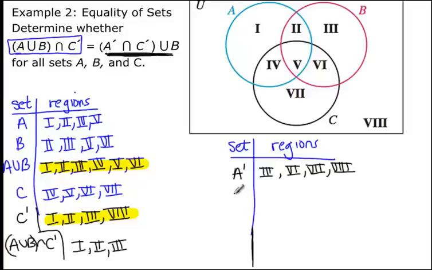C complement we've already listed as 1, 2, 3, and 8. So the intersection between those two sets, what they have in common, would be region 3 and region 8.